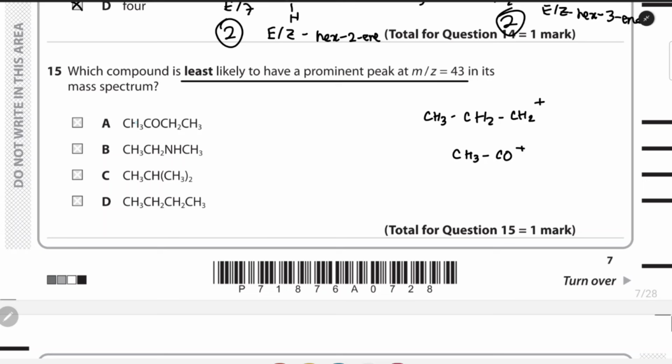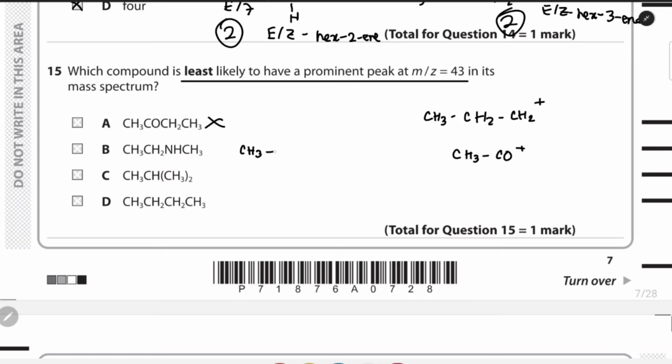Now if I look at the first molecule, we have a CH3CO over here. So this is the structure of this compound. We have a CH3CO, CH2CH3. If the bond is broken over here, we get CH3CO, which has a peak at 43. So this is not it. In this case, we don't have a 3 carbon chain together.